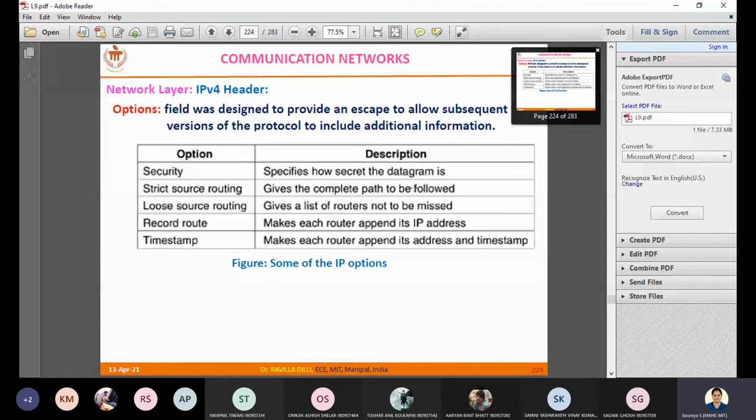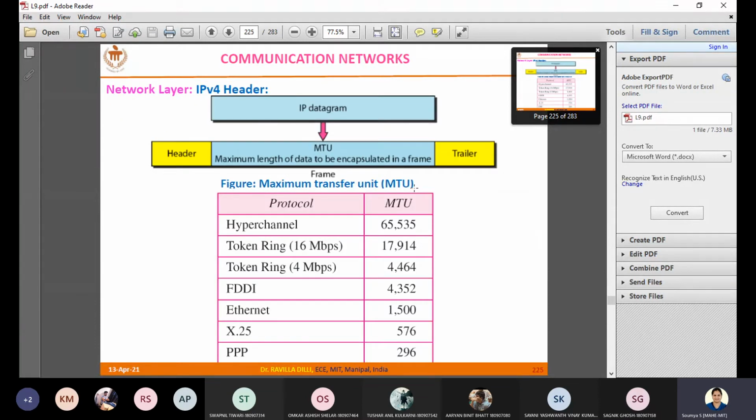One is security, strict source routing, loose source routing, record route and timestamp. These are some of the options that are provided. Okay, this is the entire IPv4 datagram. It first has the header, which is what we discussed so far, and then it will have the actual data unit.